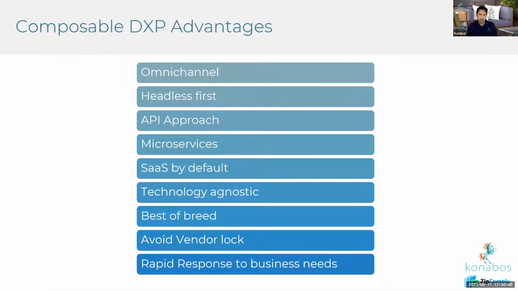Then you just have to integrate those together. The other great thing about avoiding vendor lock-in is not just from the point of view of the system supplier, but also the system integrators. Again, it's such a simplistic system because of it being API driven.